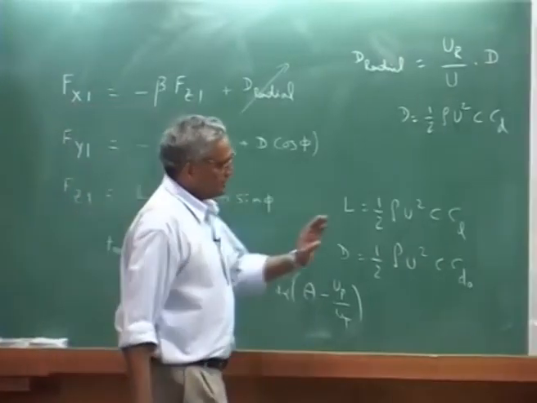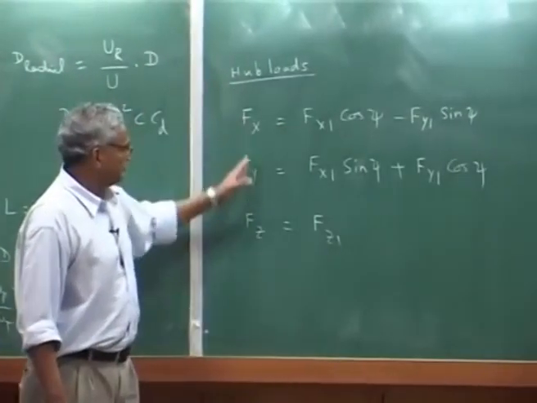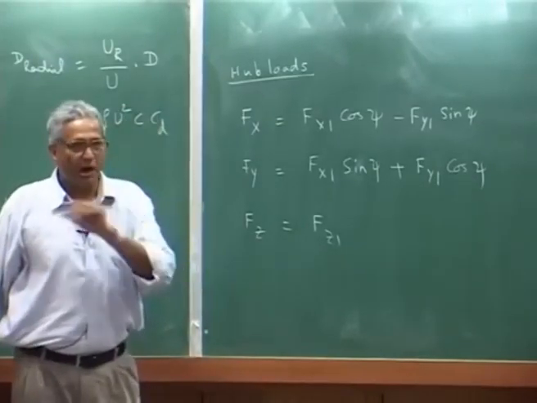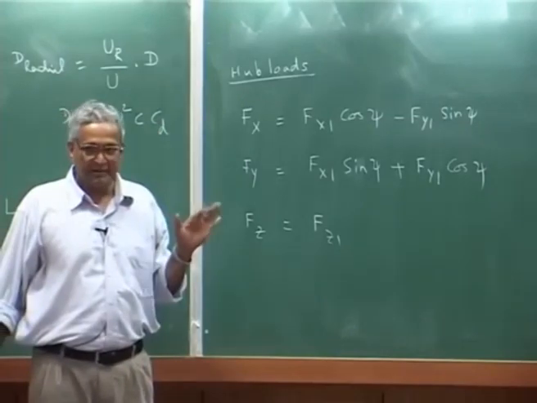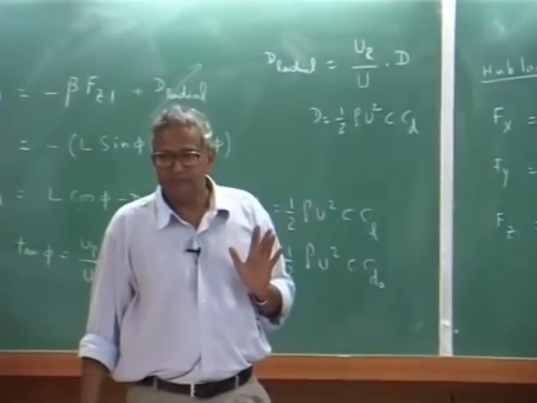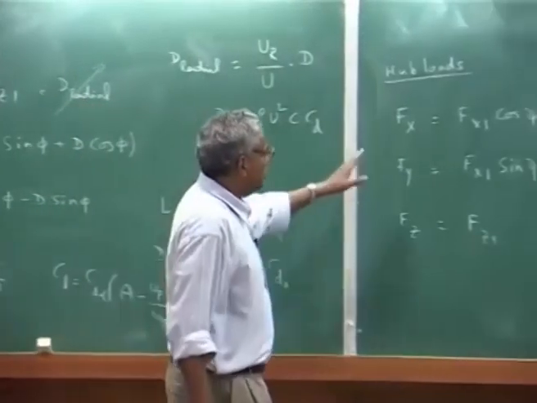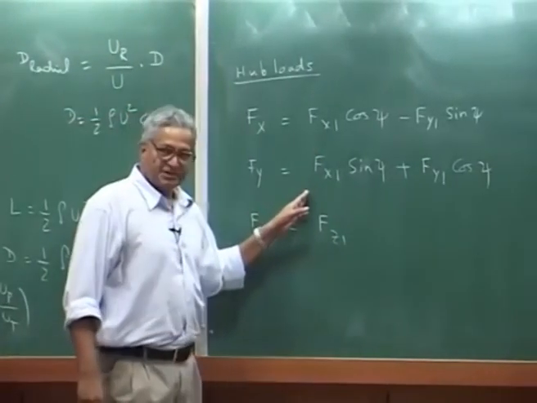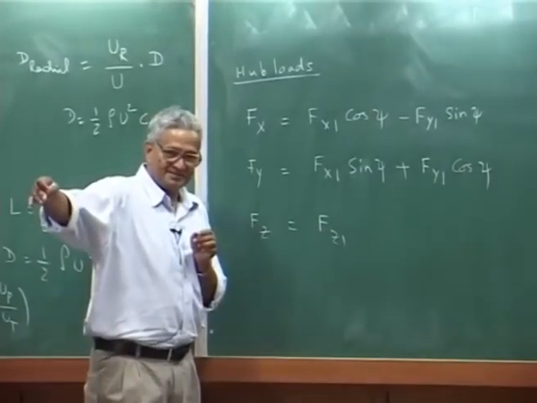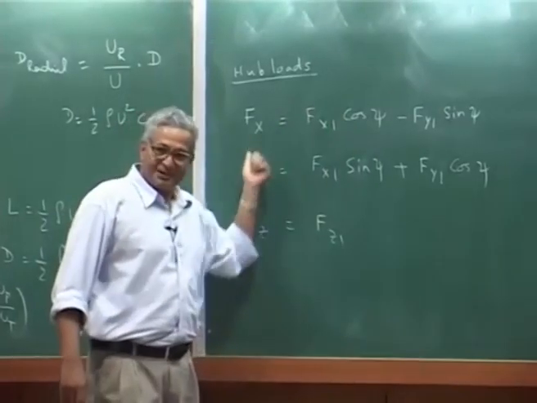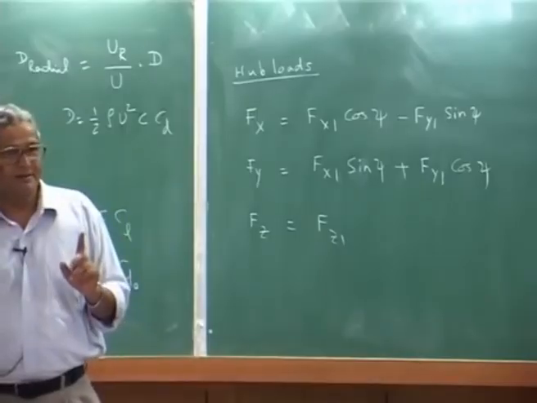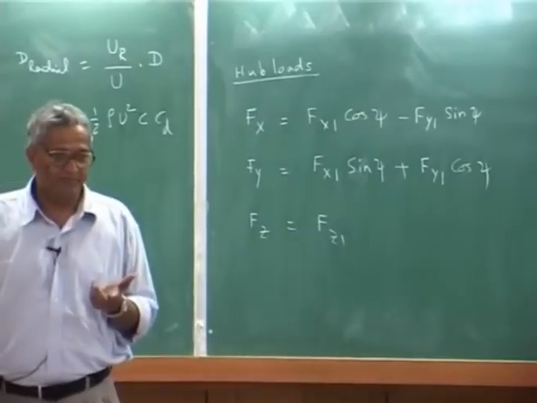Now these are distributed forces, you have to integrate over the blade and then sum it up over all the blades at a particular time, then you are doing the mean value. But this is only forces, these forces are acting on the typical section which we have converted into hub loads, but when you transfer them to the hub, they will also give hub moment, okay.